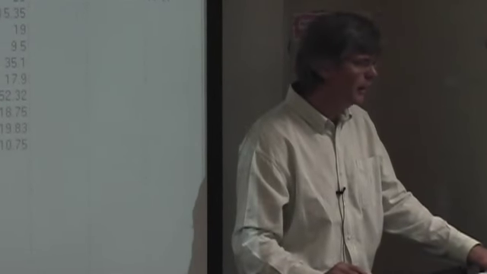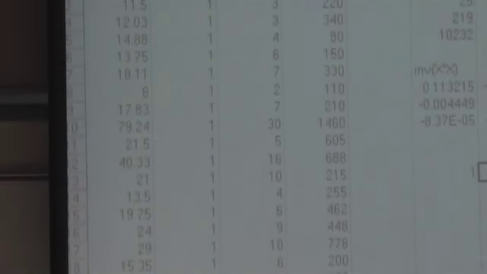If I want to find the input for observation number 9 in the delivery time data, it would be down here. X1 equals 30 and X2 is 1460. Let's change these numbers right here to 30 and 1460.